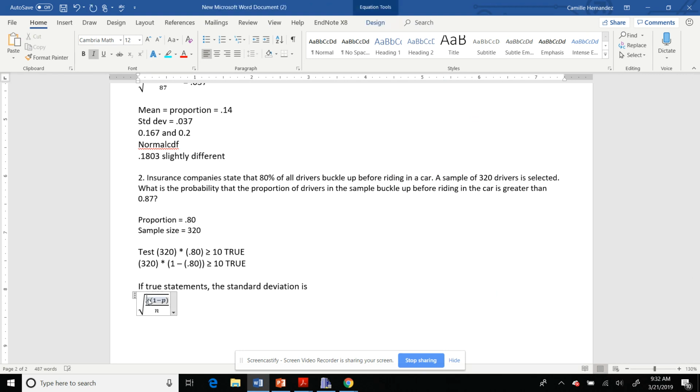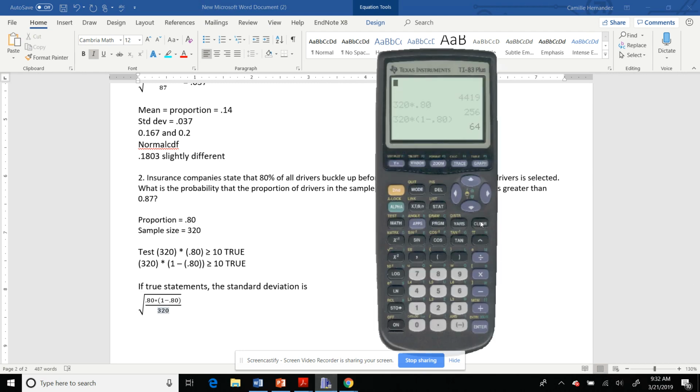This is 0.80. This is 0.80. And this is 320. Okay, so let's put it in the calculator. I'm going to do it as one step. Let me show you how complicated it is.